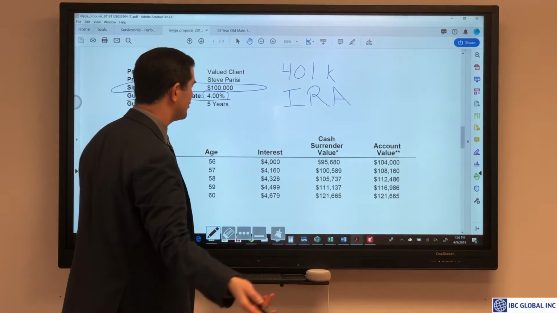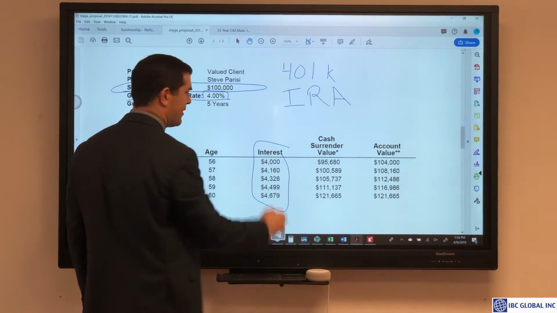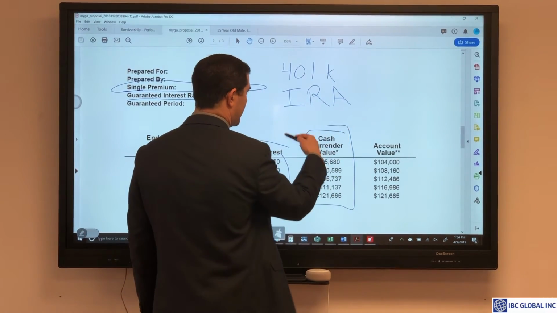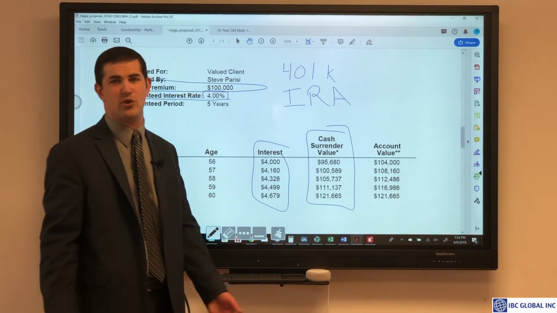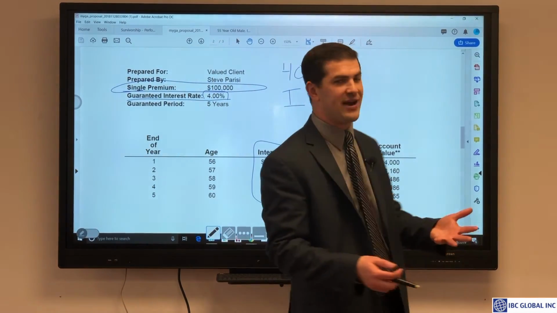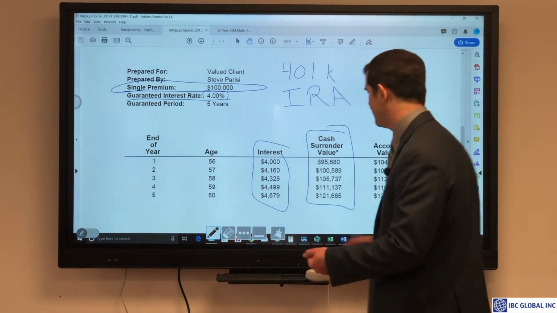This is a guaranteed interest rate of 4%, very straightforward, compound interest, cash surrender value. There you go. Almost like an alternative to a CD. We can do it if we use CDs and we're comfortable with the 5-year period with just money in the bank, non-qualified funds as well.